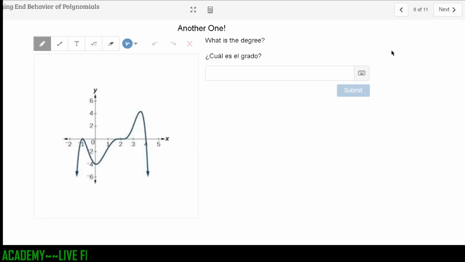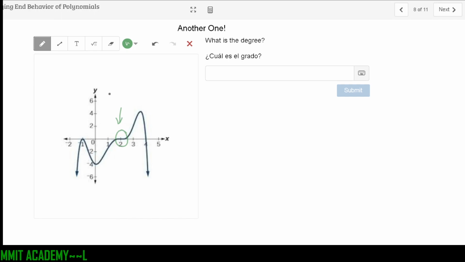All right, so what about this one? What is going to be our degree? First we're going to count our number of changing points. It's a little trickier on this one because if you look at this point, we're going to actually count that as 2 changing points.